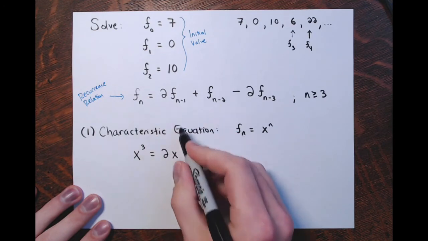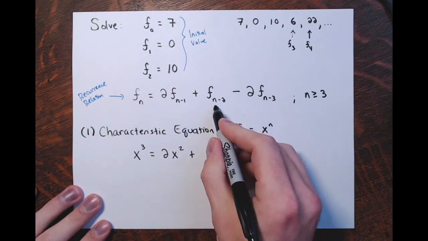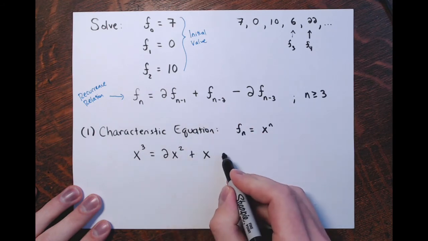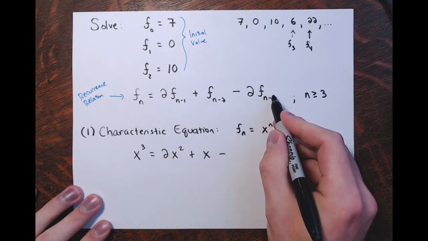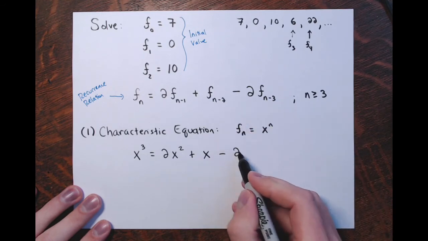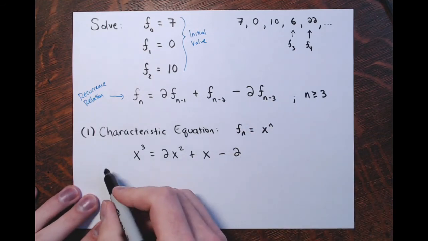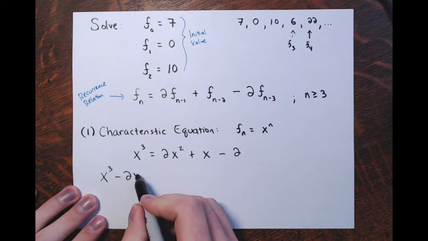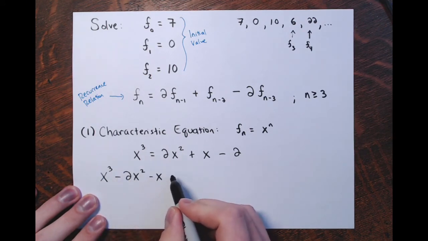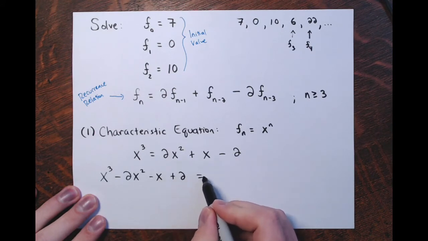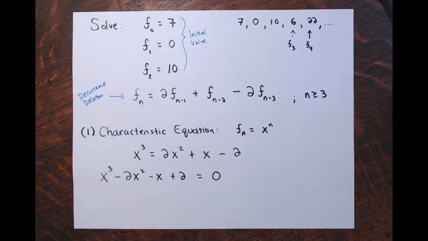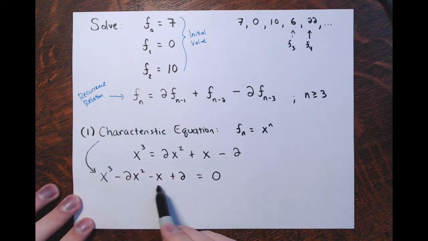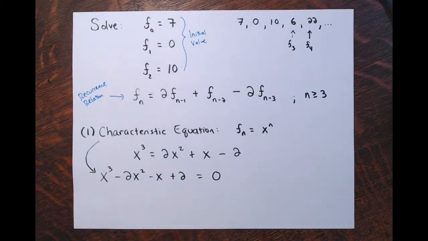This is 2x squared then, plus, and then this is going back 2 terms, so 1 degree less than that, so plus x, minus, and then going back 3, this is the constant term, so just minus 2 times 1. And putting everything on one side, we have x cubed minus 2x squared minus x plus 2 equals 0, right? So I establish this characteristic equation, a degree 3 polynomial equation.